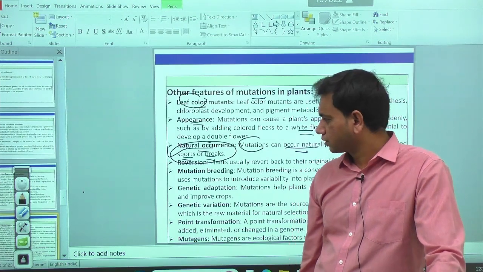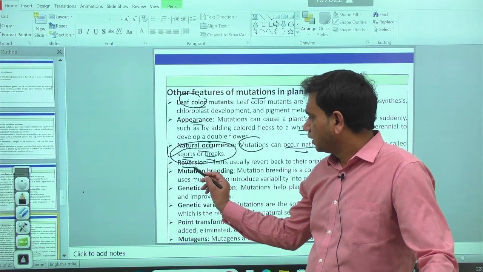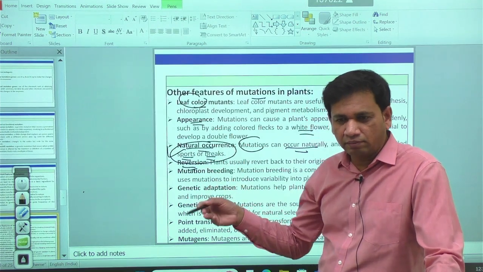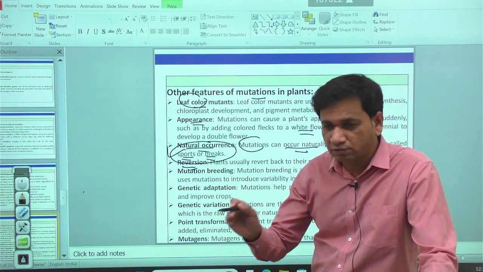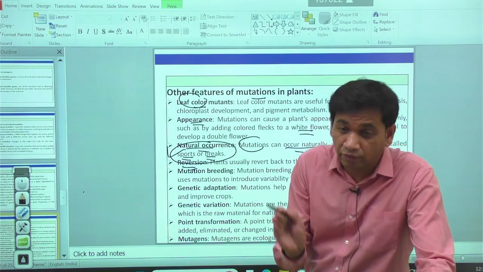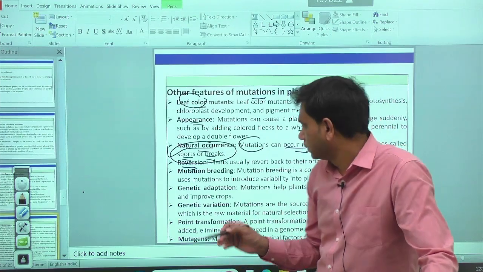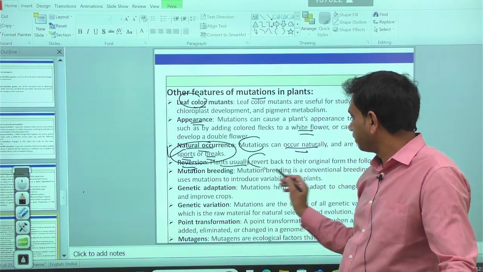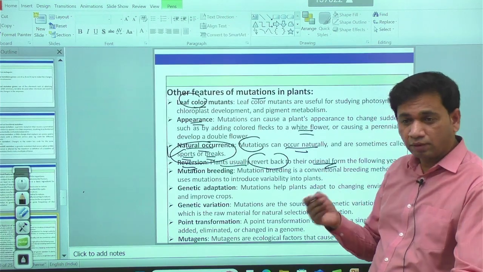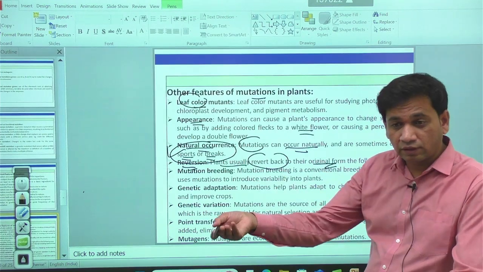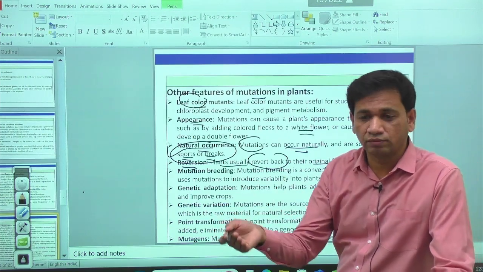Apart from that, look at the changes we are getting: reversion can be possible. We said forward mutation and backward mutation are both possible, so plants can usually revert back to their original form. That is the beauty of mutation.